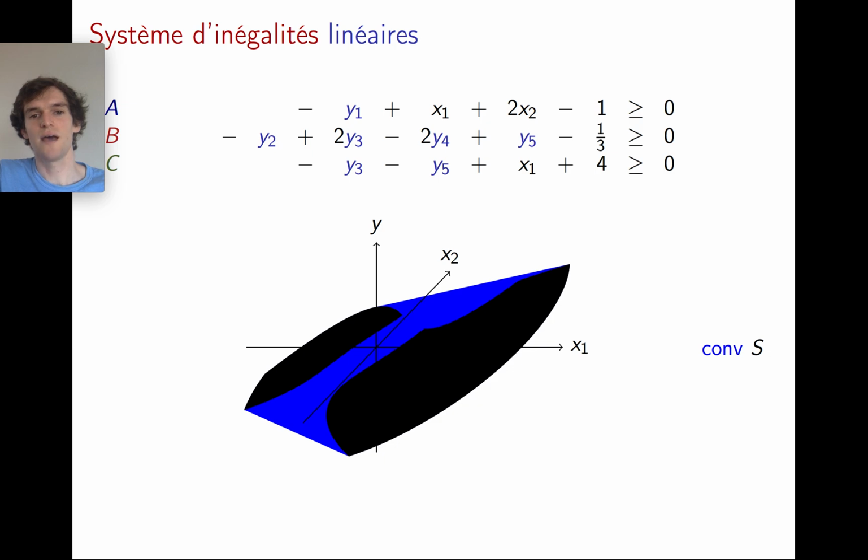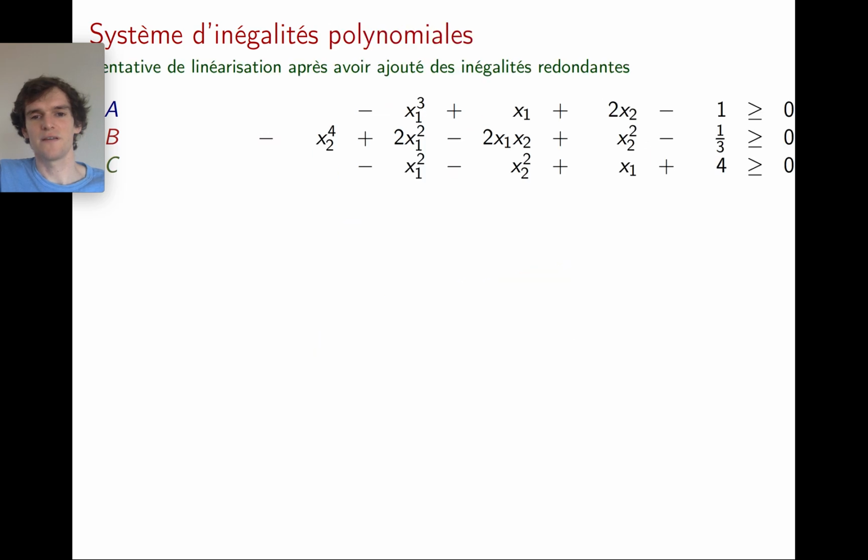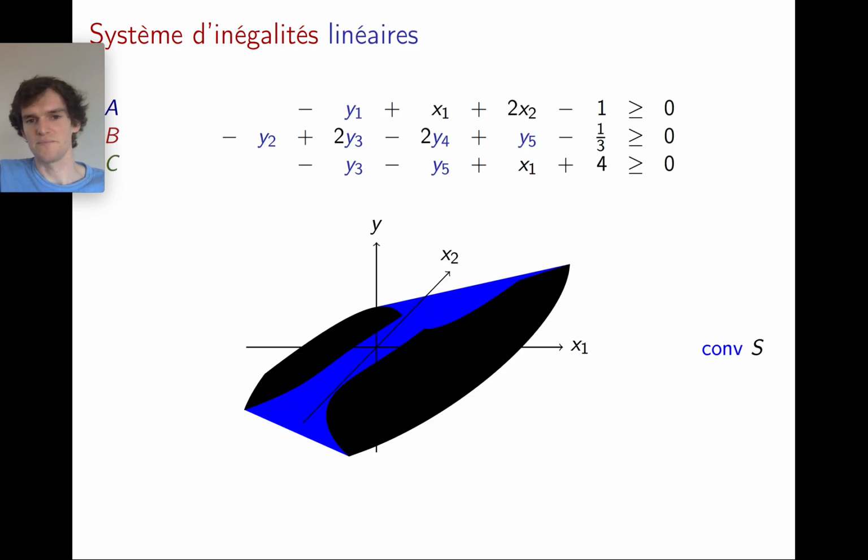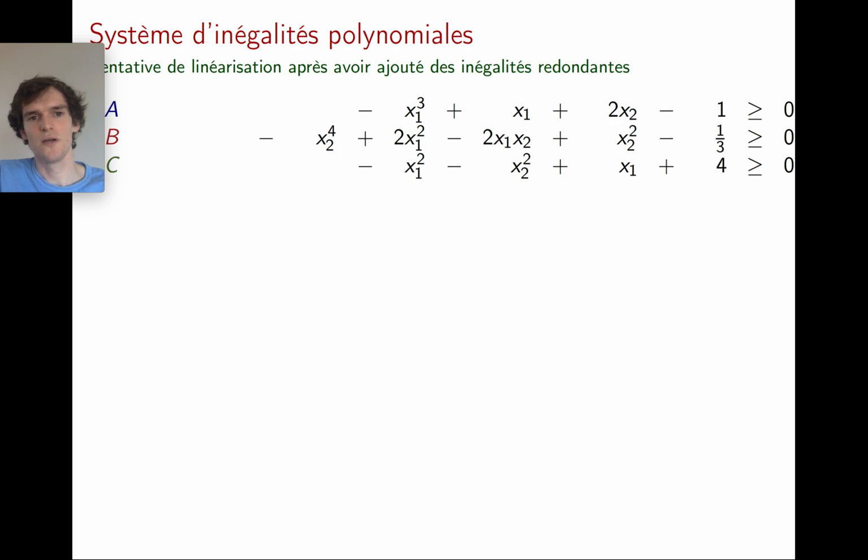And so now we have these y variables, and it makes for a linear inequality. Here it's a little bit too weak, so let's actually try and add first redundant constraints.